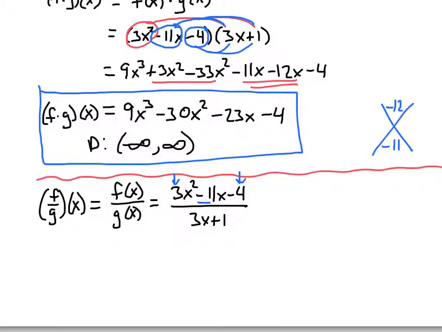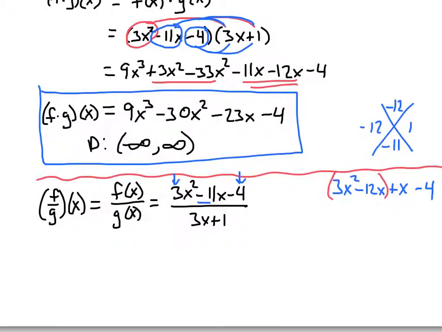I'm looking for two numbers that multiply to negative 12 but add up to negative 11. That would be negative 12 and positive 1. I then rewrite that trinomial, but I tear apart the middle term and make it negative 12x and a positive 1x, because those together add up to the negative 11x.